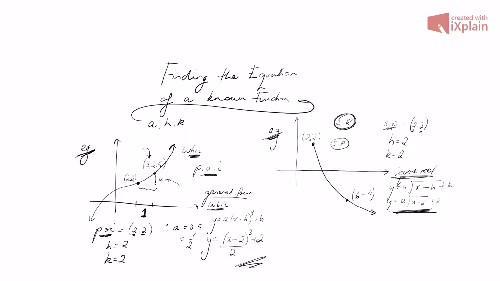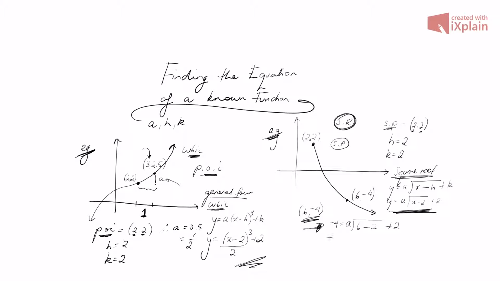Then we say, okay, we've got another point, (6, -4). If we substitute that into the equation for x and y, that allows us to solve for a. So instead of y, I write negative 4 equals a square root of (6 minus 2) plus 2. Then all I have to do is rearrange.